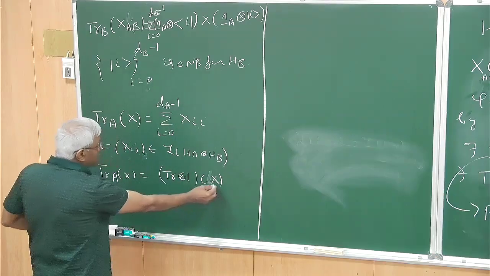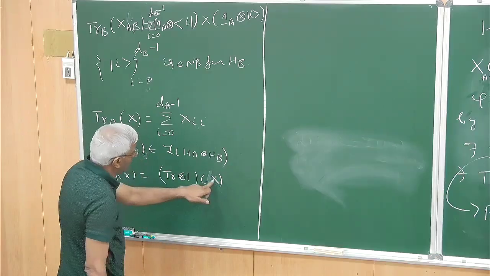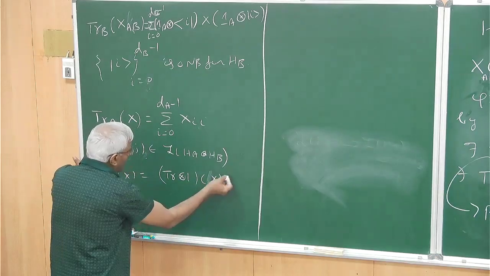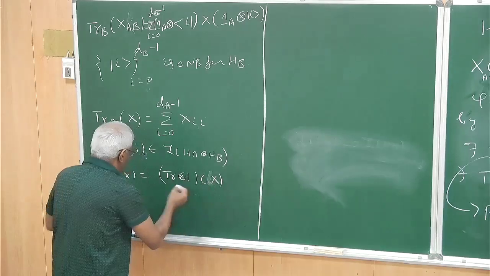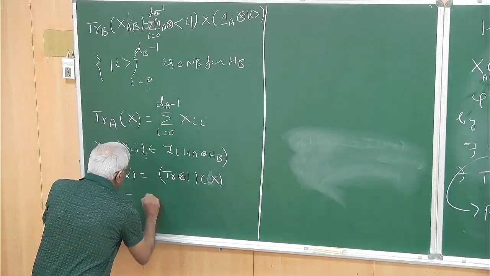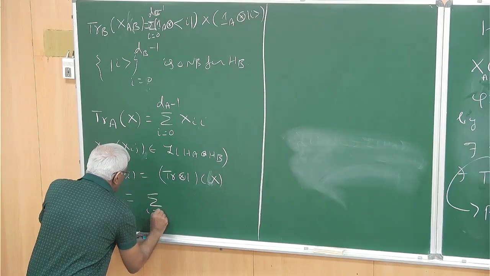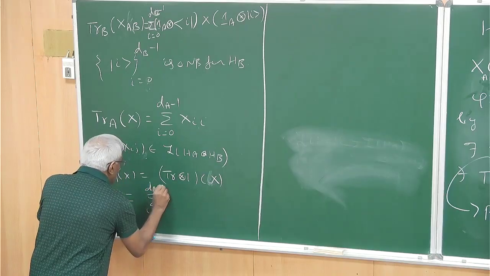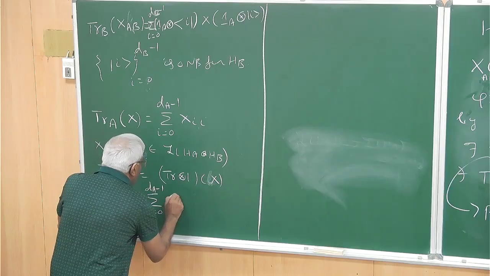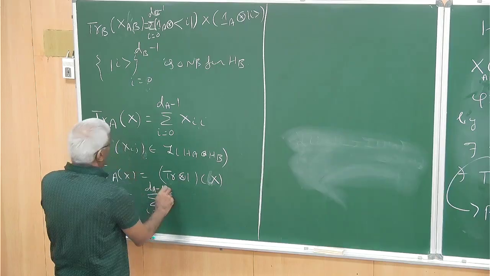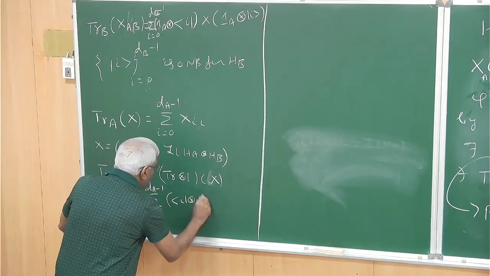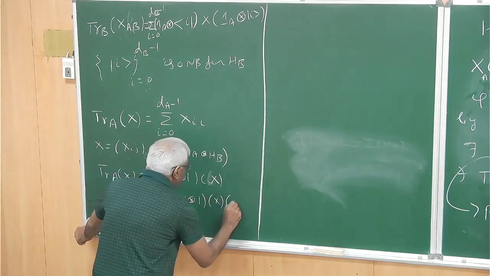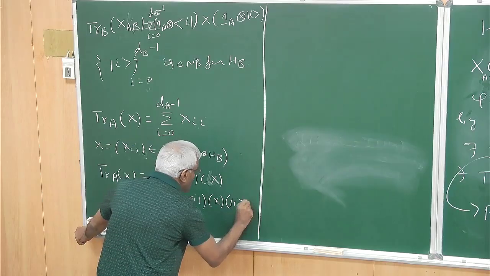And this is going to be, if you want, you can write it as x_ij tensor something, but you can directly get it also. This is equal to the summation I equal to 0 to dA minus 1 of, so this is a trace here, I tensor 1 of x, I tensor 1.